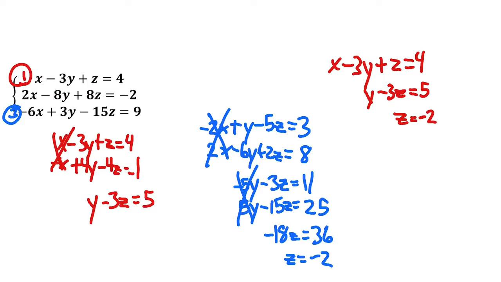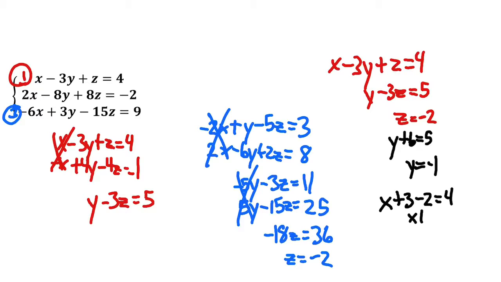So at that point, I'm going to just plug these into the other equations. y minus 3 times negative 2 becomes y plus 6 equals 5, which means if I subtract 6, y equals negative 1. And then at that point, I just plug both of those in. x plus 3 minus 2 equals 4.